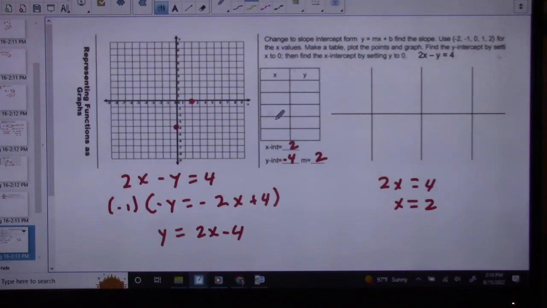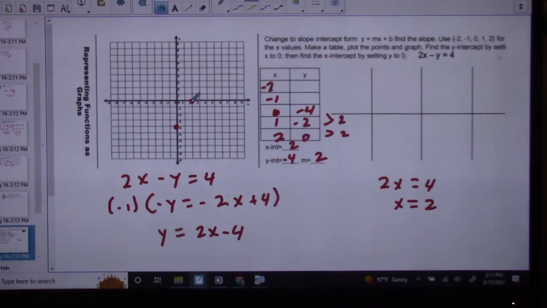And then it says use these points here, negative 2, negative 1, 0, 1, 2. And then we know our y-intercept already is negative 4. We know our slope is going to be 2. So what's negative 4 plus 2? Negative 2. And then we add 2 again. We get 0.